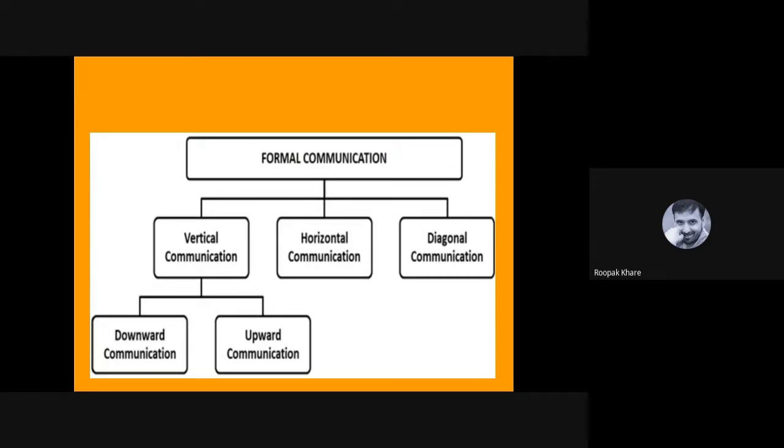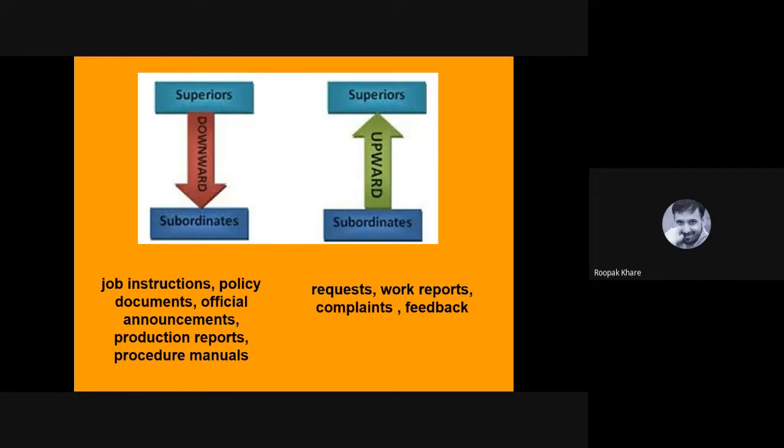So how does the formal communication work? There is a vertical formal communication, there is a horizontal communication happening in formal communication, and there is a diagonal kind of communication happening. Vertical communication is either downwards or upwards. I'll explain it to you now.